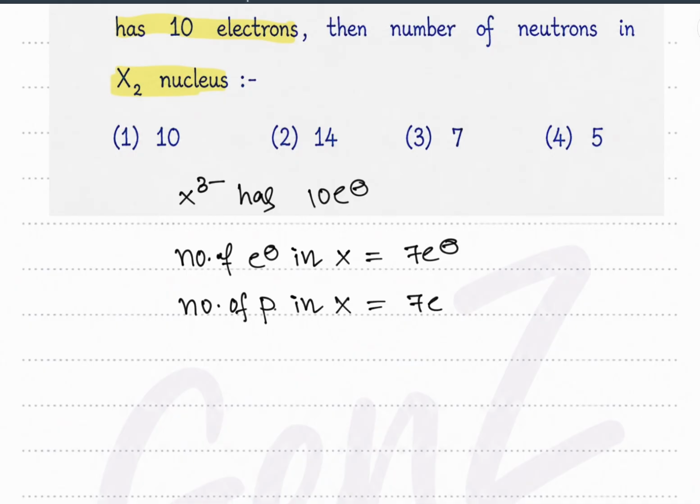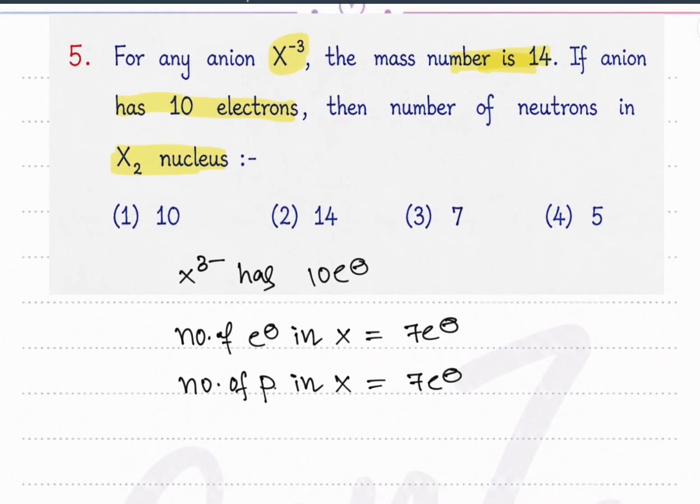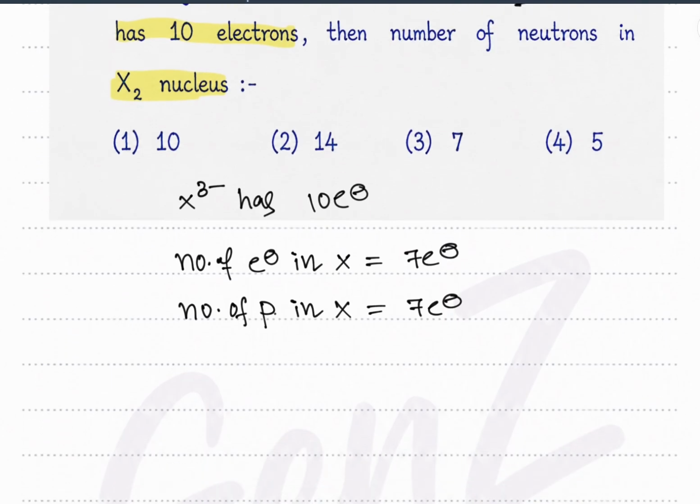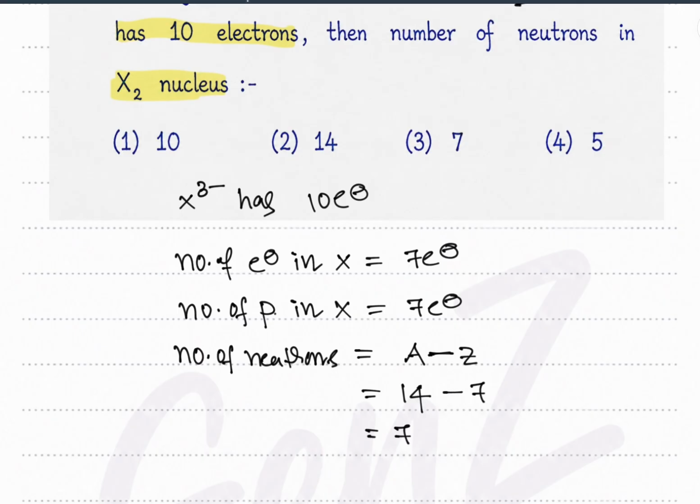If the number of protons is 7, the atomic weight is given as 14. That means the number of neutrons in X is equal to the atomic weight minus the number of protons. The atomic weight is 14, the atomic number is 7. In total, 7 neutrons are present.